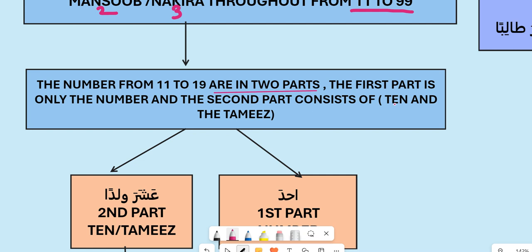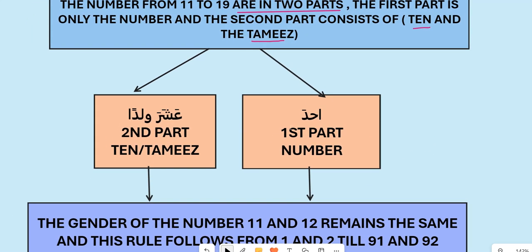Let's check the structure here. Ahada is the first part, that is the number, and ashara, that is the 10, and the tamiz, waladan, consists of the second part. You have to remember this structure for the numbers from 11 to 19.